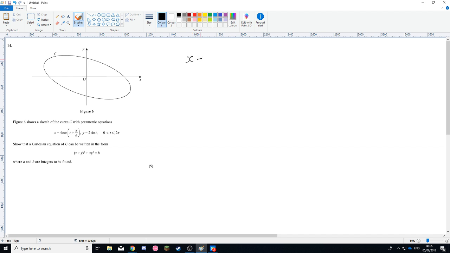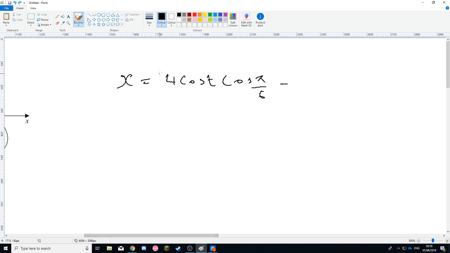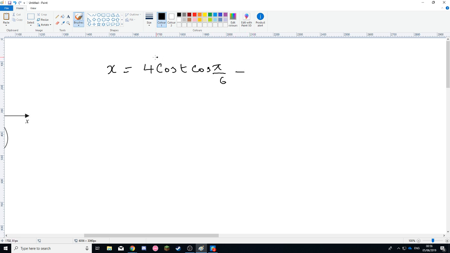First of all, I'm gonna rewrite x by expanding the double bracket. 4 cos t cos pi over 6 minus 4 sine t sine pi over 6.